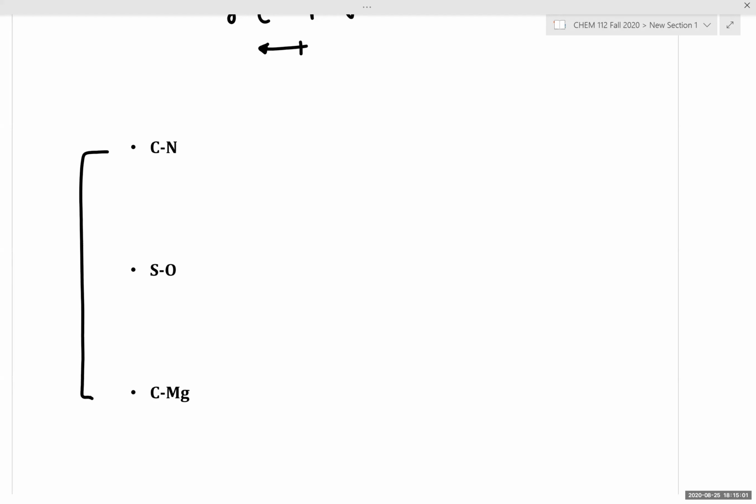Again, looking at each of these indicated bonds, we're going to indicate the more electronegative atom in each of these bonds. And you'll submit your responses in the chat or verbally. If you have a question, don't be shy to ask it in the chat or verbally, and I'll be happy to address your questions.